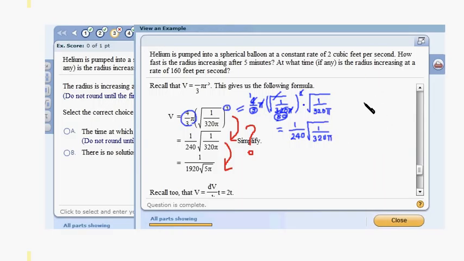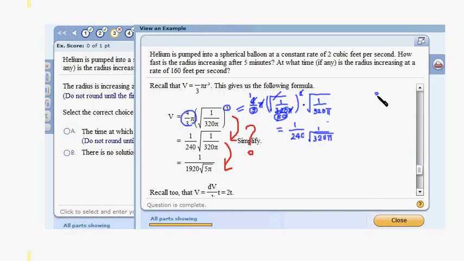Maybe I should rewrite this right here. The square root of 1 over the square root of 1 over 320 pi would be 1 over the square root of 320 pi, because the square root of 1 is 1 anyway.